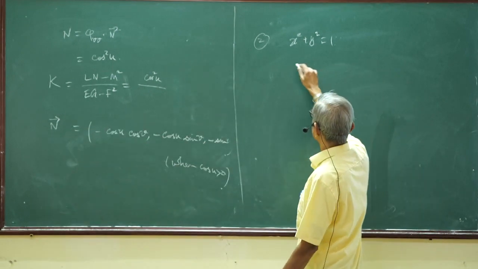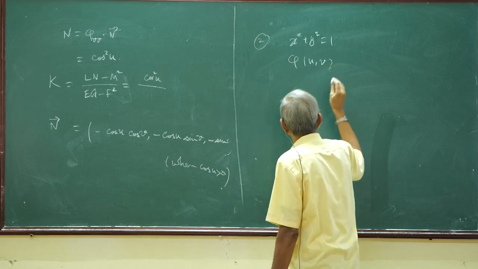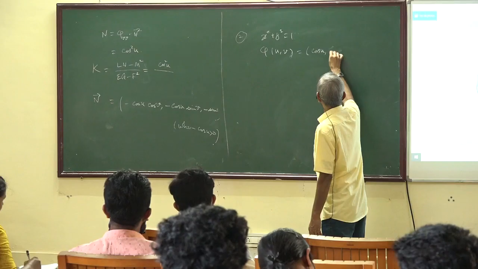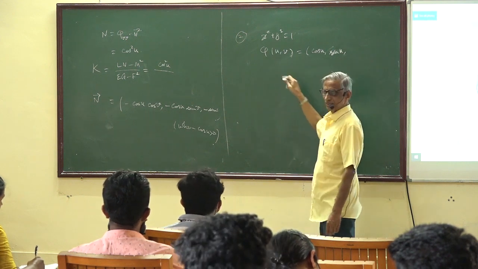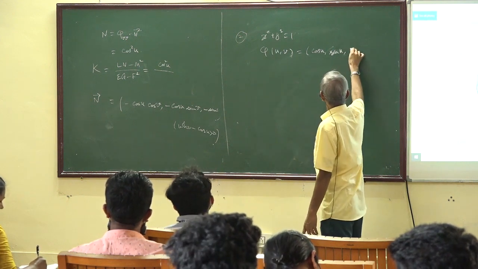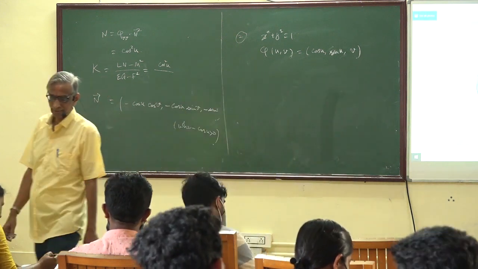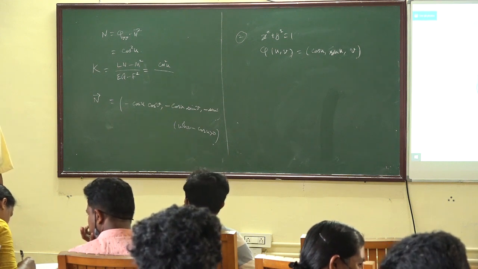So what is the parametric form now? Cos u, sin u, equal to 1, this is arbitrary. This should be a lot easier to calculate.